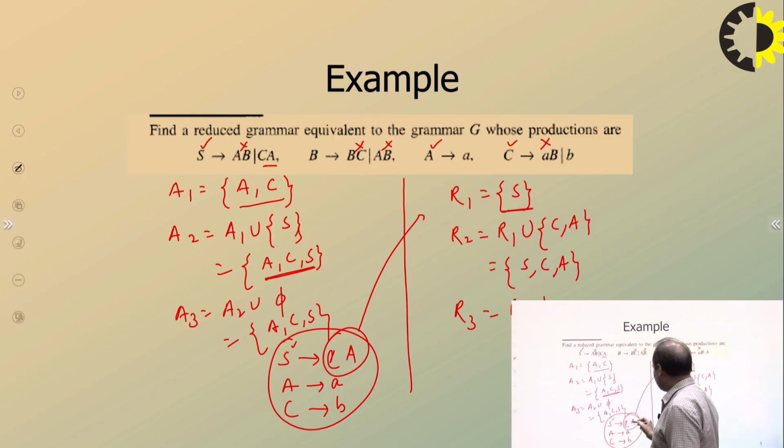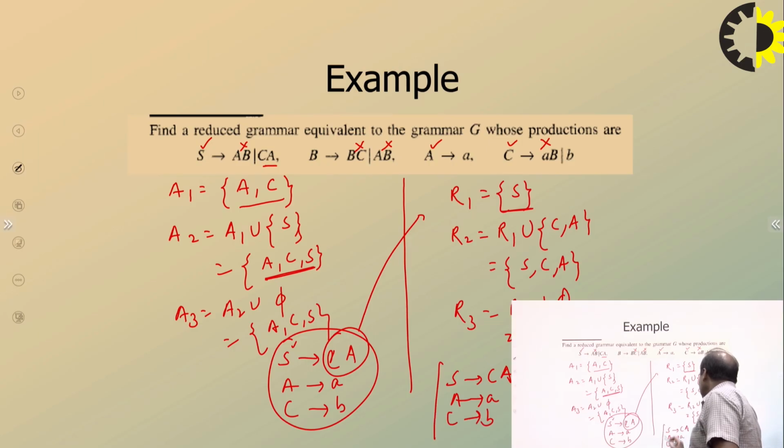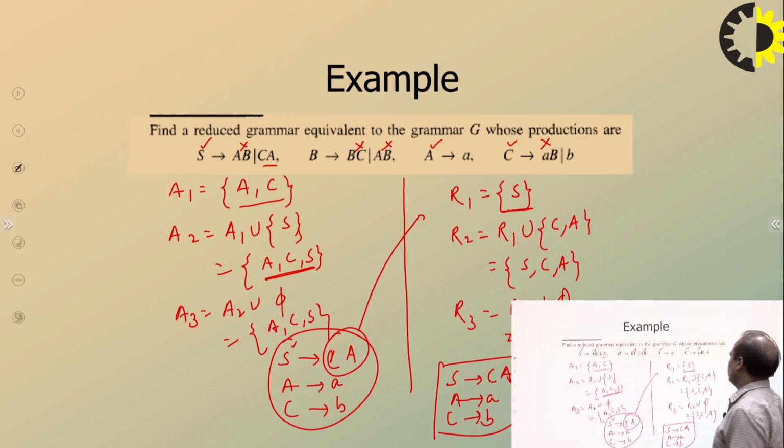S, and CA was included, A is there, no non-terminal, C is there, no non-terminal. So this becomes empty. So this is actually S, C, A. That means all the non-terminals are reachable. So the reduced grammar is actually S goes to CA, A goes to small a and C goes to small b. So this is the reduced grammar in which all the variables are useful.